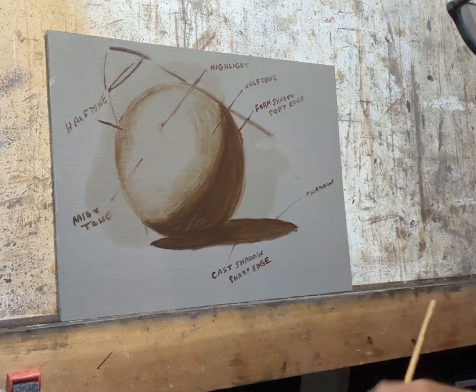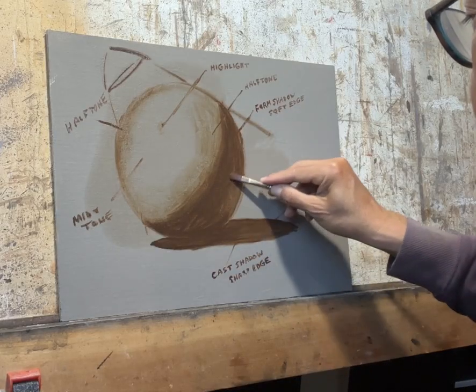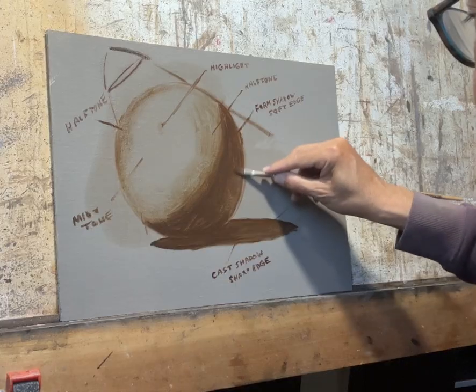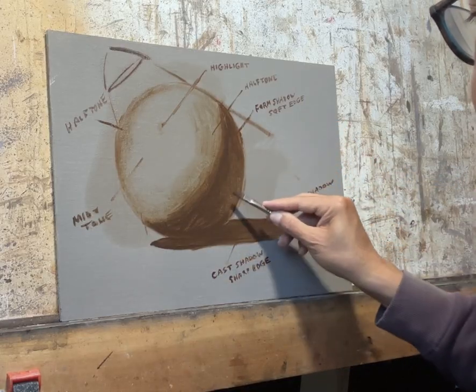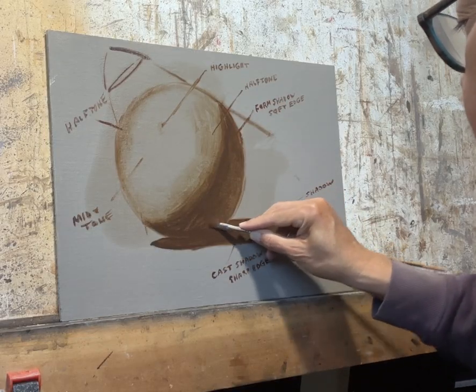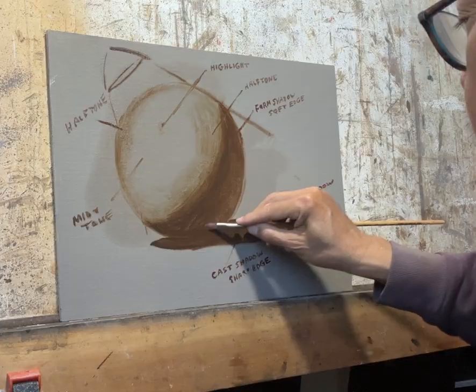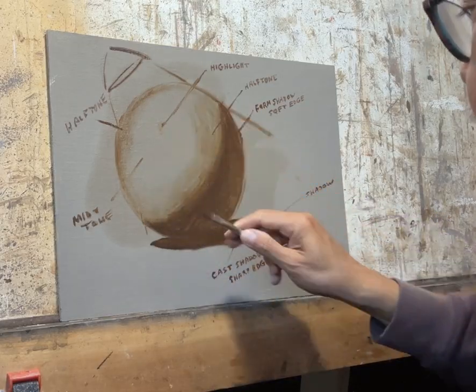So it'd be a little bit lighter here. Now the trick is not to go too light, because you don't want the reflected light to appear lighter than any of the values on the light side of the form.